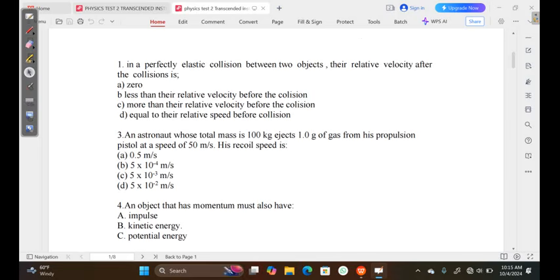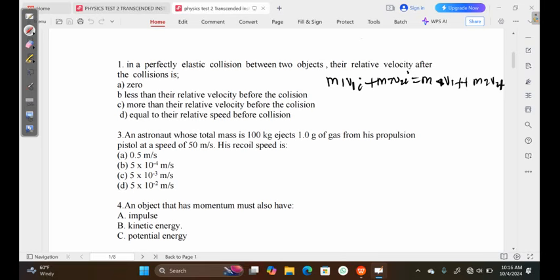Okay, so the first question is saying, in a perfect elastic collision between two objects, their relative velocity after collision is. In a perfect elastic collision, we're talking about what happens after this formula: m1 v1 initial plus m2 v2 initial is equal to m1 v1 final plus m2 v2 final.